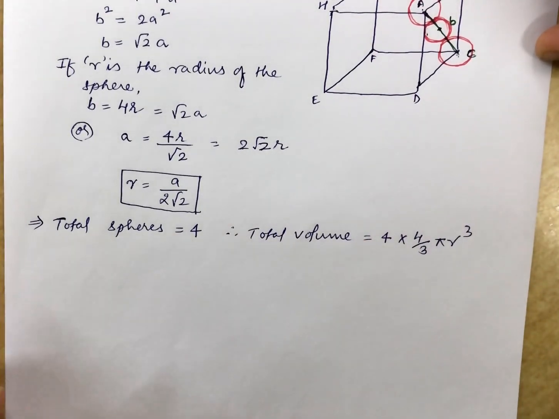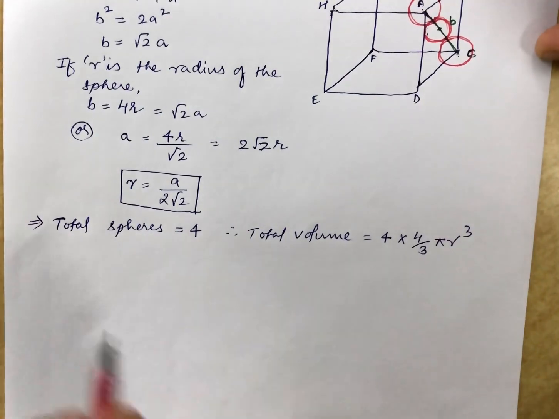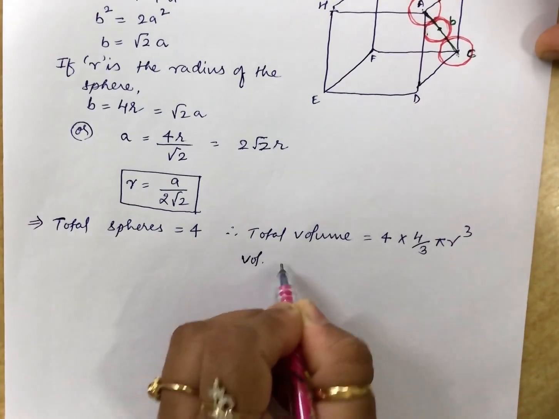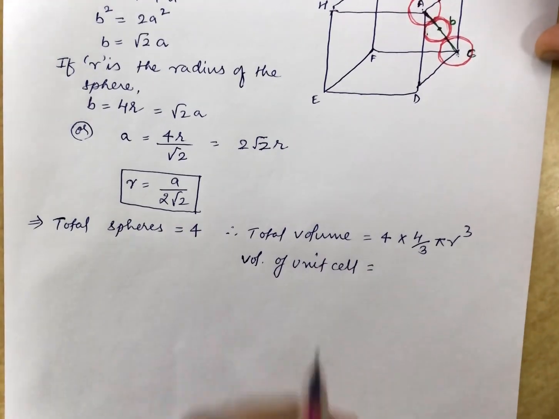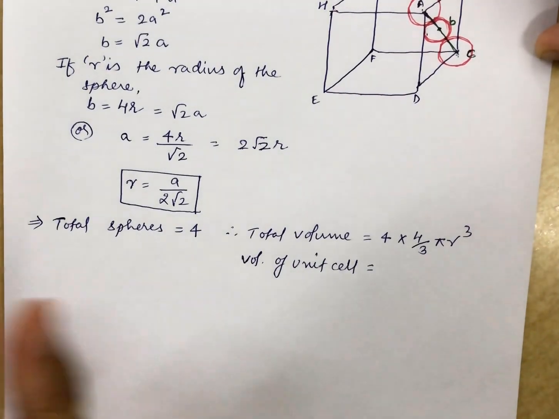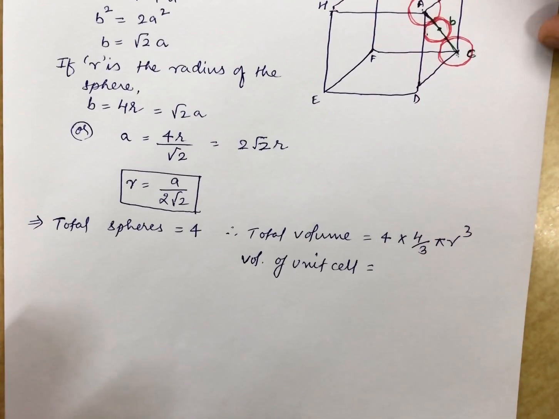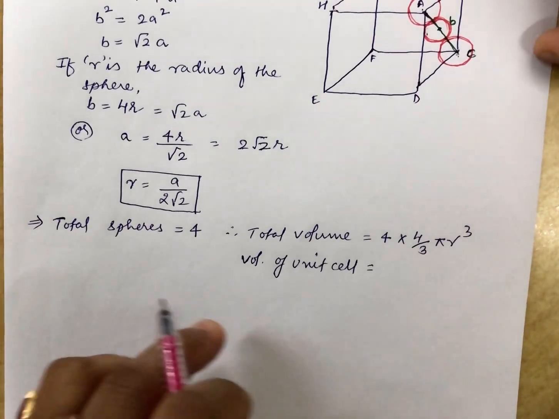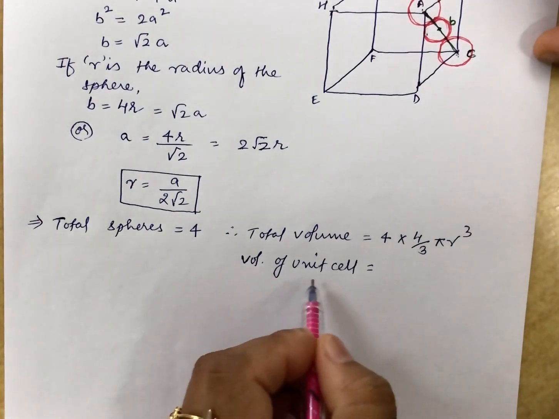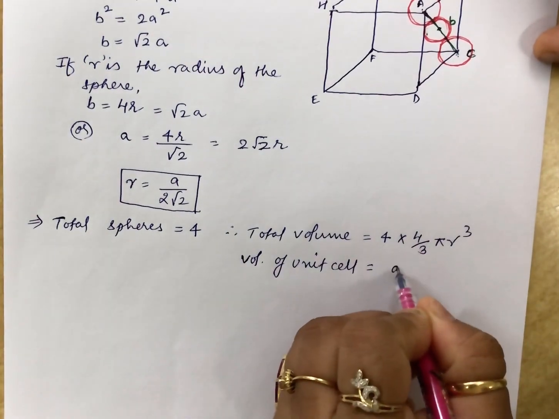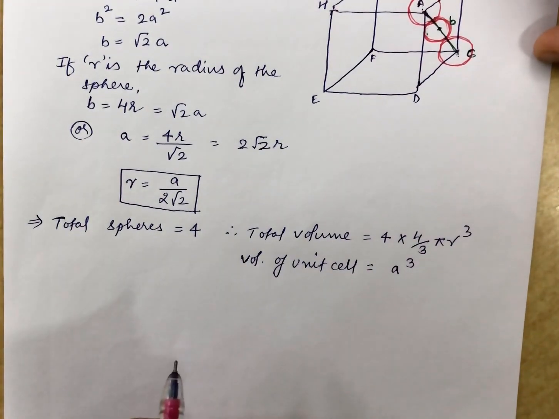Okay, and volume of the unit cell. Now you know the volume of any cube, if you are taking the edges as A, would be A cube. So here you have already taken the edge length as A. So volume of unit cell would be your A cube.